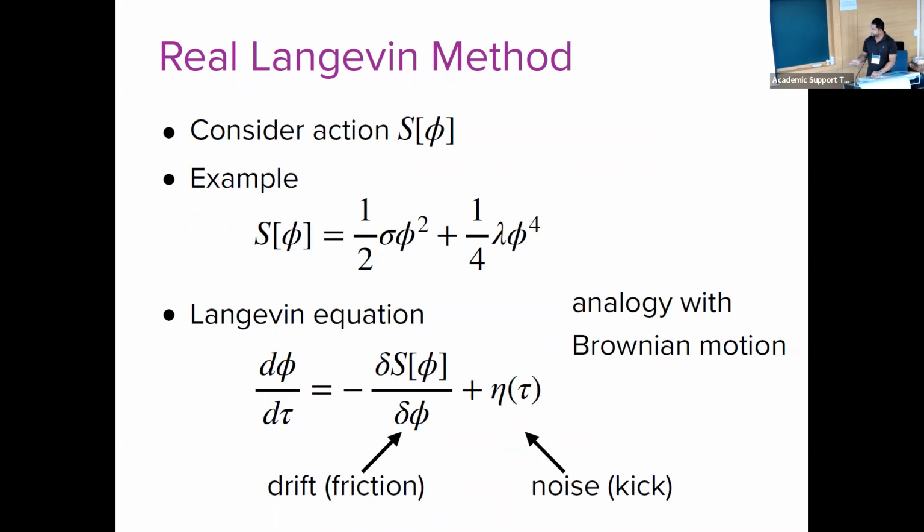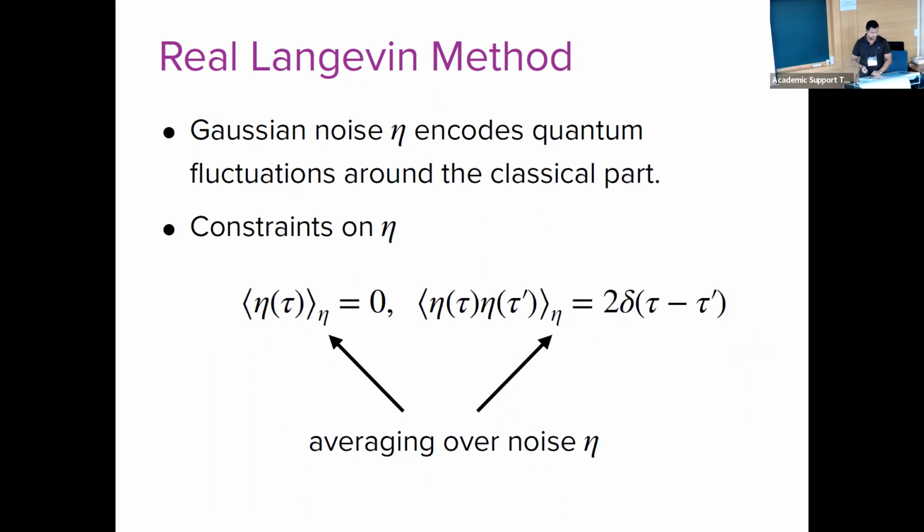The noise obeys certain constraints: the average value of the noise should be 0 when we average over the noise eta, and the correlation should be something like this.